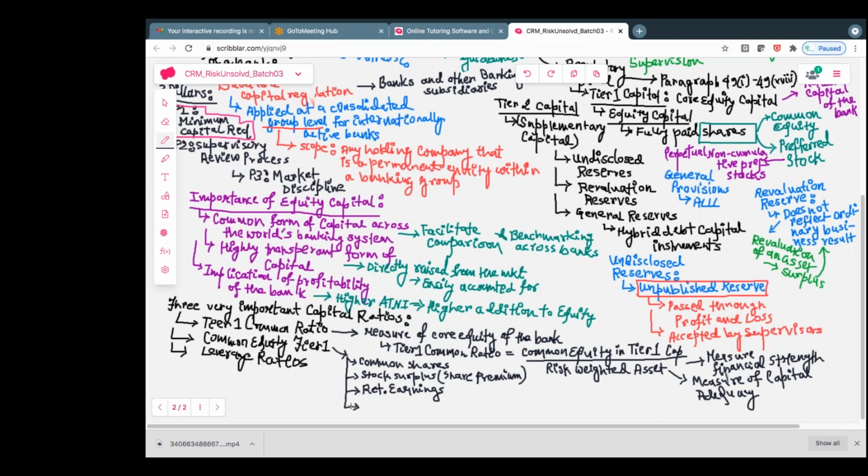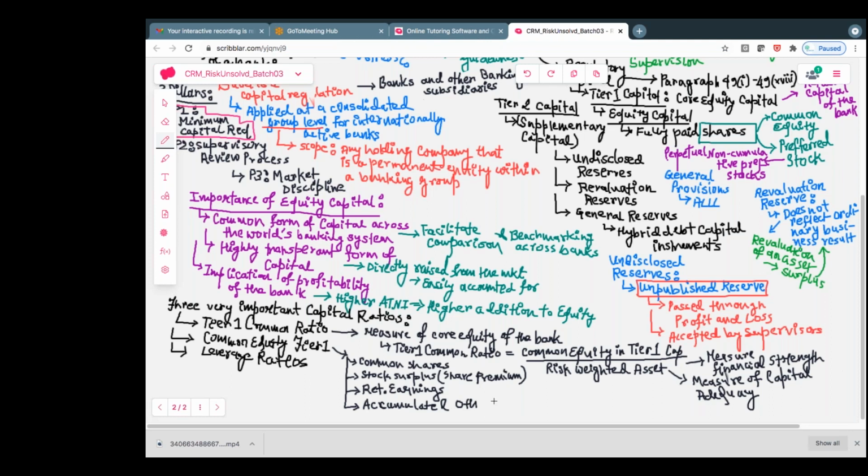The retained earnings. Okay. The next point that we have over here is the accumulated other comprehensive incomes, the accumulated value of the other comprehensive incomes, etc. So we have a lot of these different heads which go into accumulated other comprehensive income.